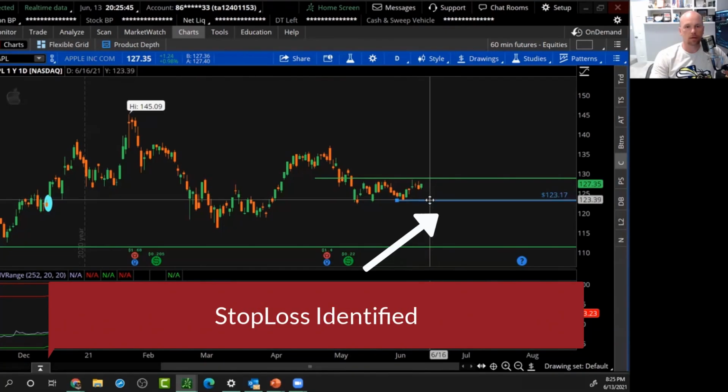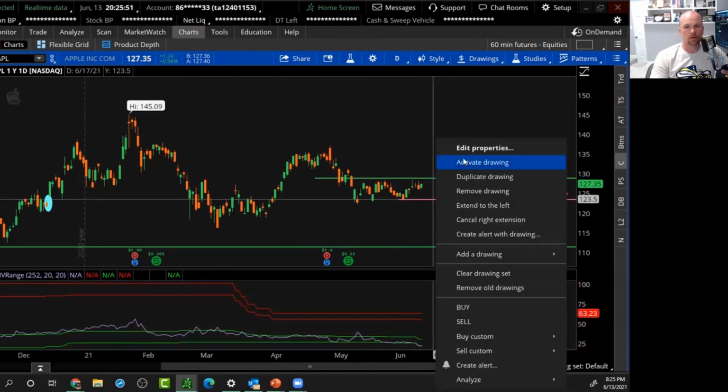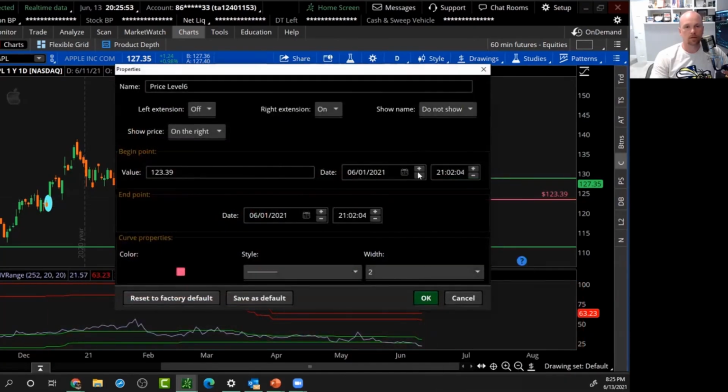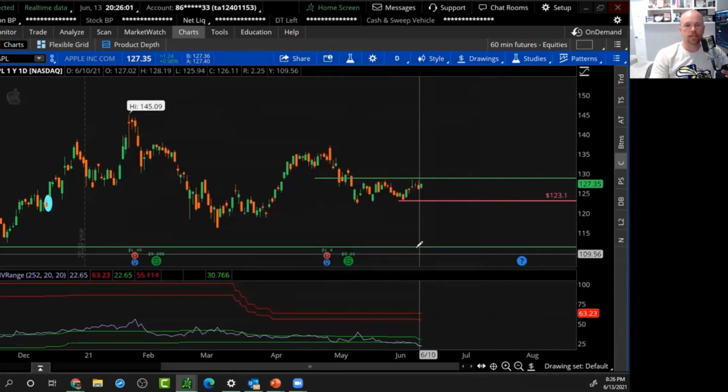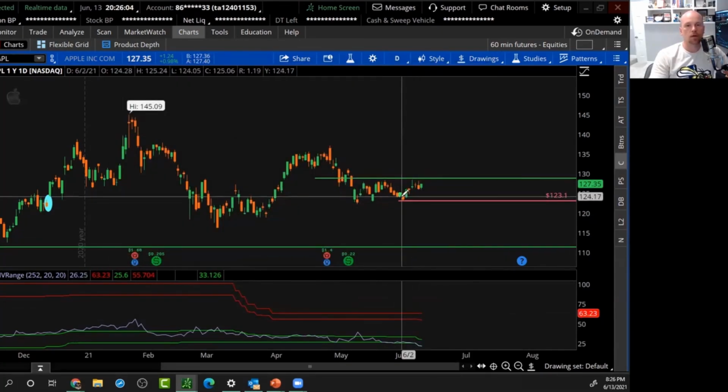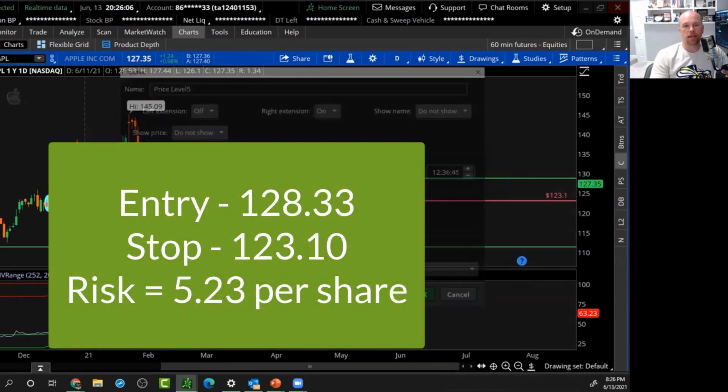Actually, got to go a little lower. All right, stop at 123.10, which gets us below this day's low. Entry is right here.